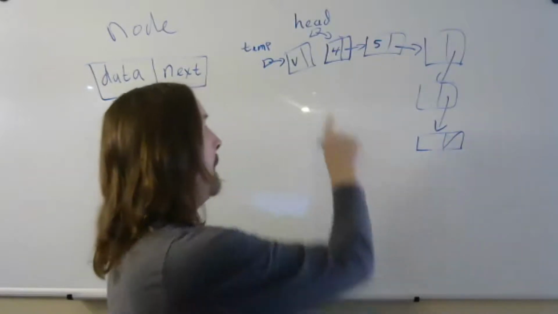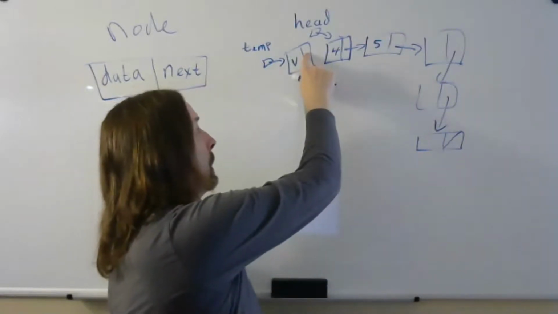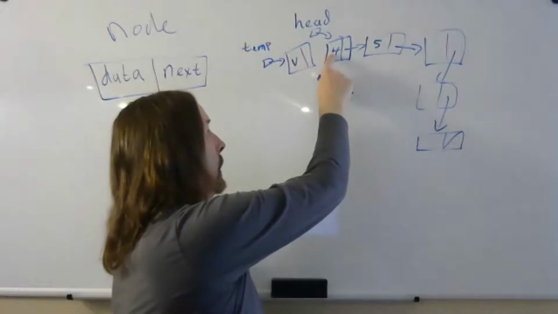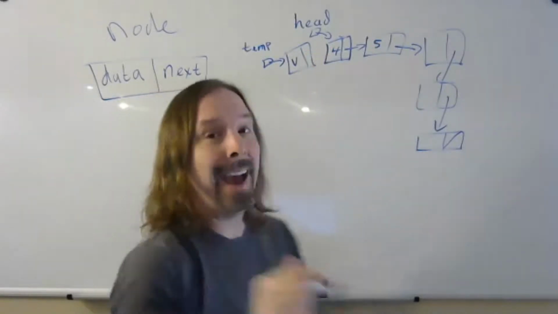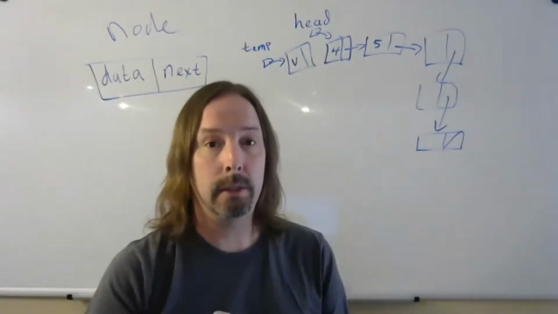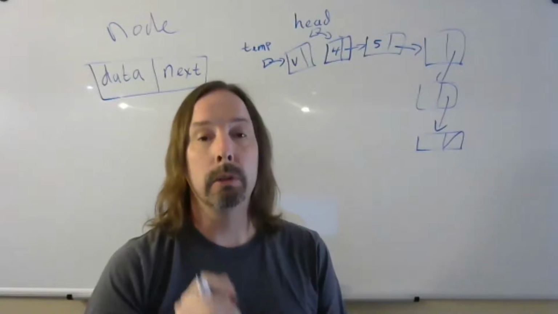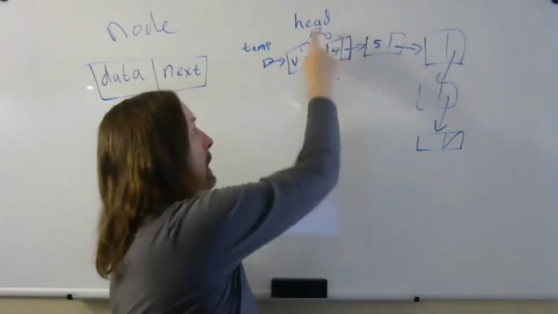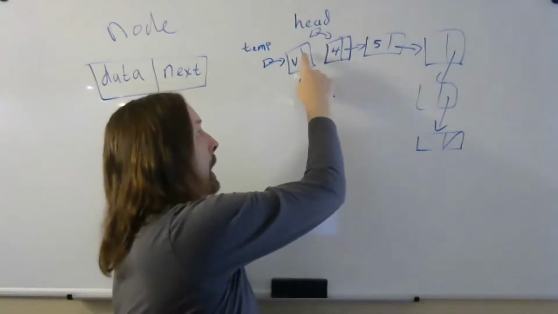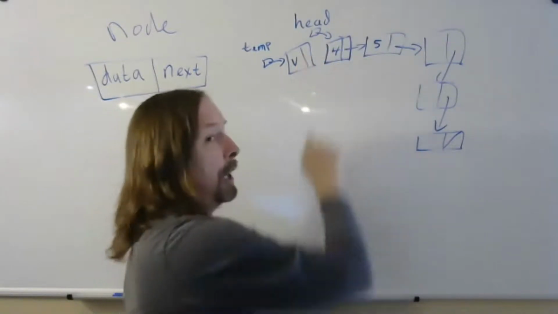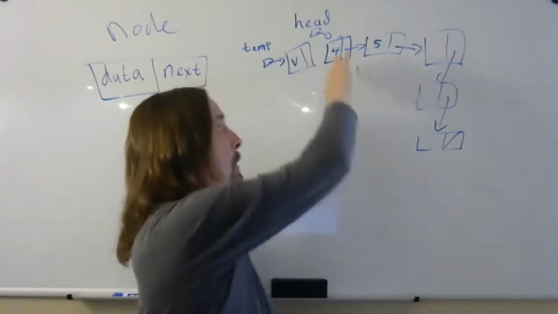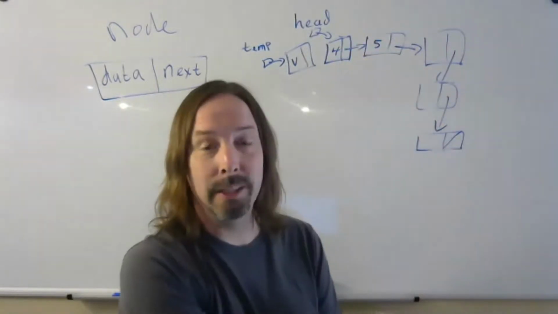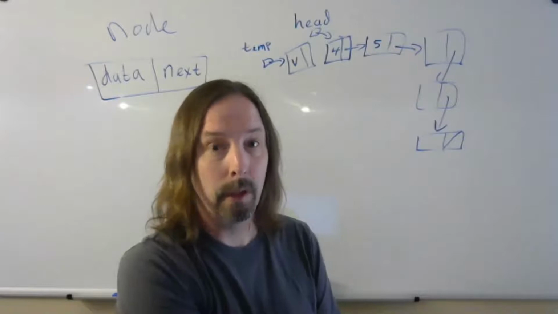Step two is I must link this reference to this node. I have to do that next. If I don't, I will lose the rest of my list, because if I set head to this node first, then the connection to that node is broken, which means the connection to the whole rest of the list is then broken.